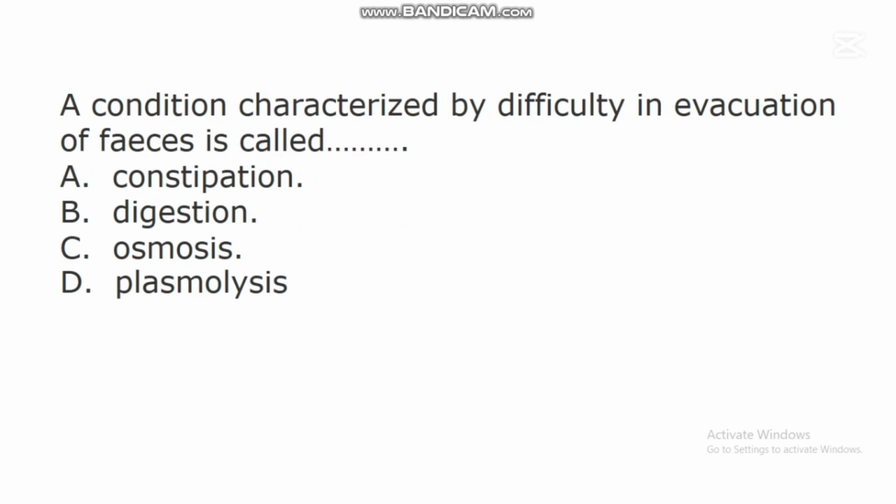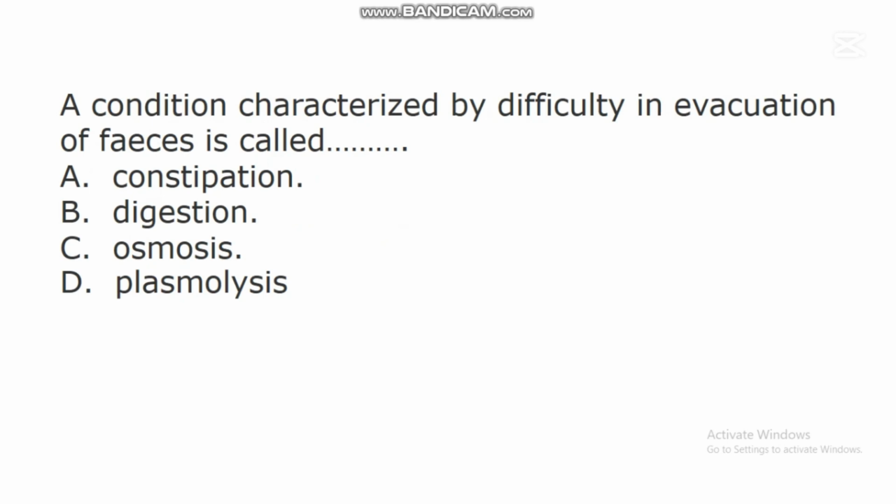The next question says, a condition characterized by difficulty in evacuation of feces is called dash. A. Constipation. B. Digestion. C. Osmosis. D. Plasmolysis.